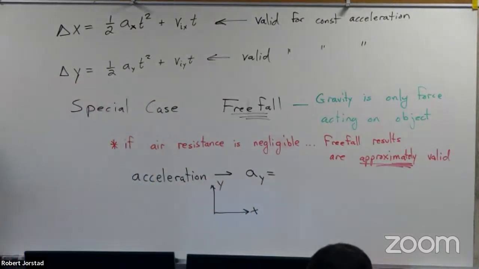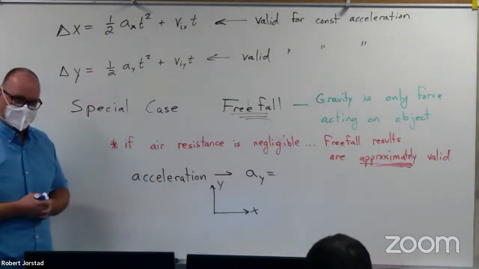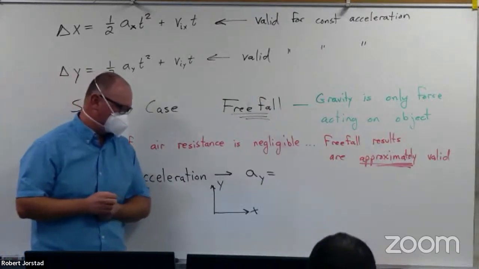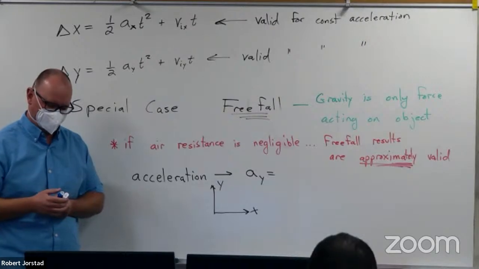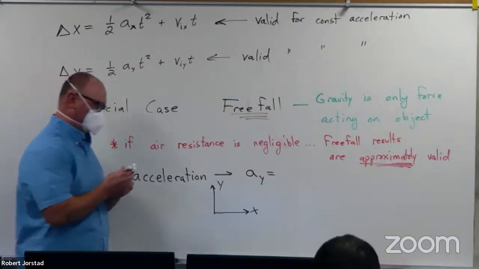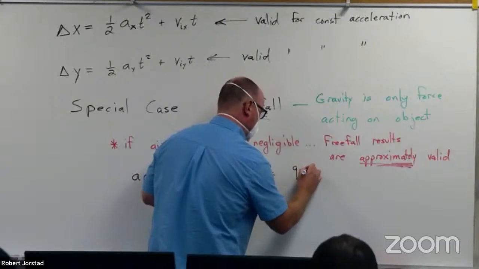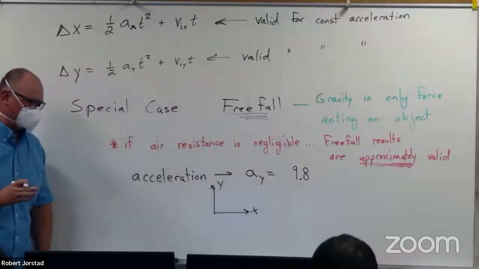Does anybody remember what the acceleration is in the Y direction in free fall, maybe from a high school physics class? Something about 9.8, right? Now here's the deal. We've got to make sure we get this right. 9.8 isn't quite right for a couple of reasons.